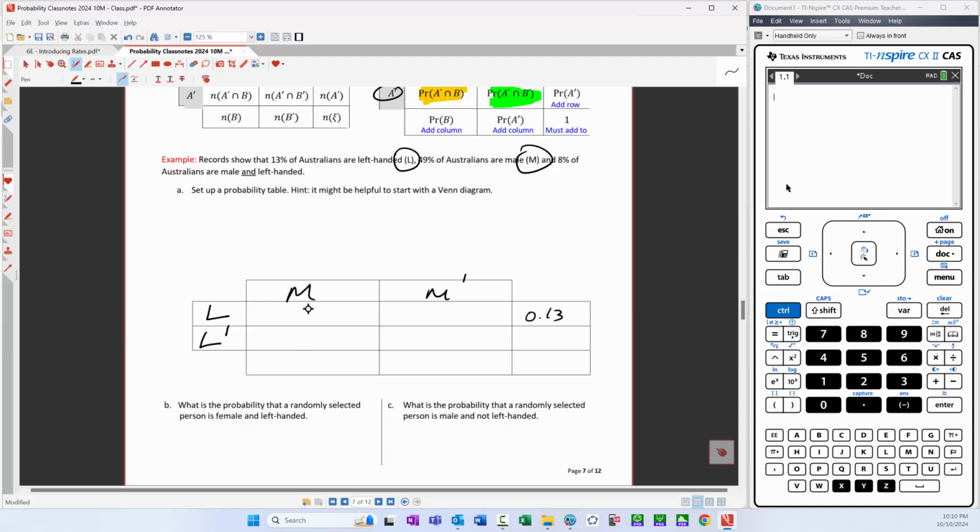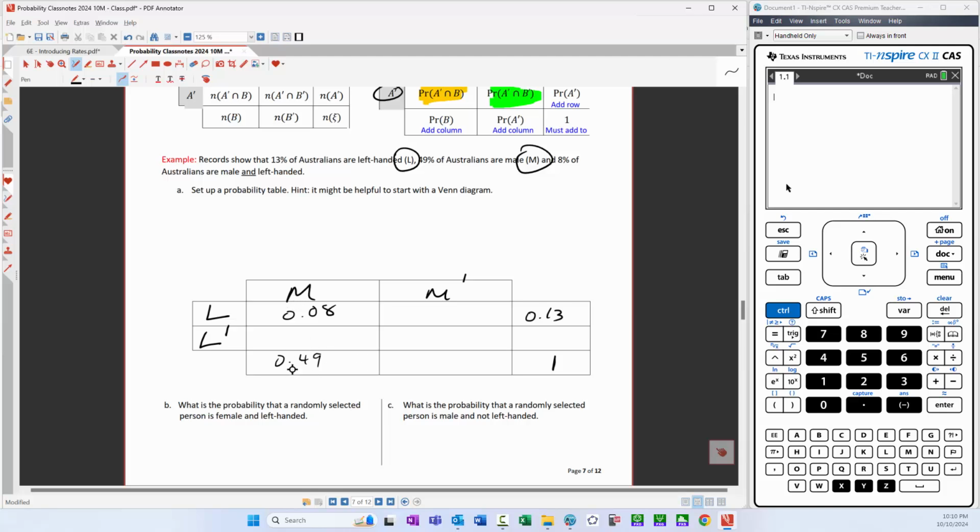So here's male, left-handed or not left-handed, so it's 0.49. All right. And 8% of Australians are male and left-handed. So this is male and left-handed, so it goes here. So we're going to put 0.08 there. All right, so now what you do with the probability table is you write a 1 there because all of these and these will add to 1.